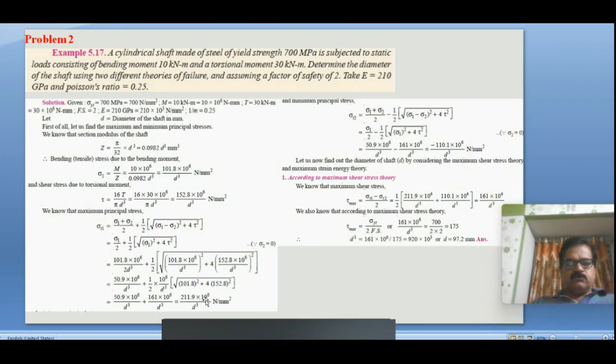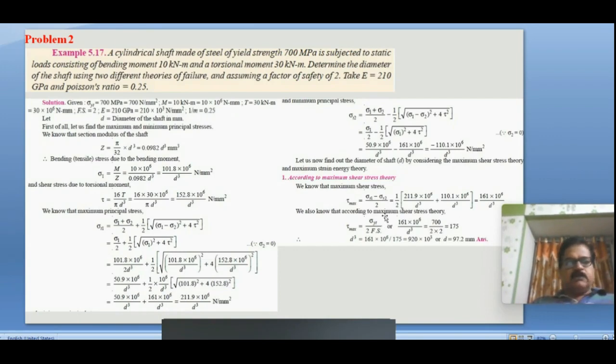The first one is 211.9 into 10 power 6 by d cube, and the second one is minus 110 into 10 to the power of 6 by d cube. By substituting these two, we got the diameter as 97.2.